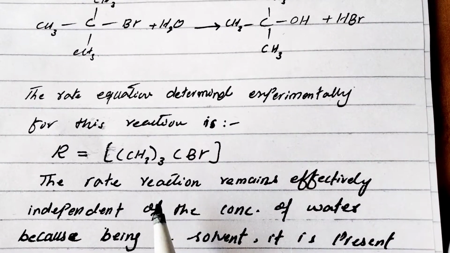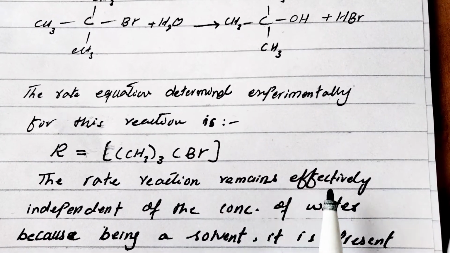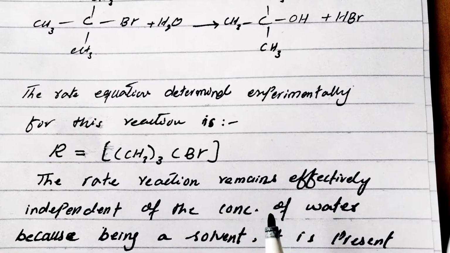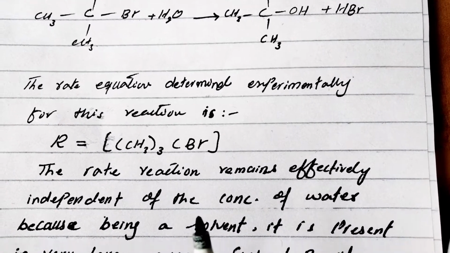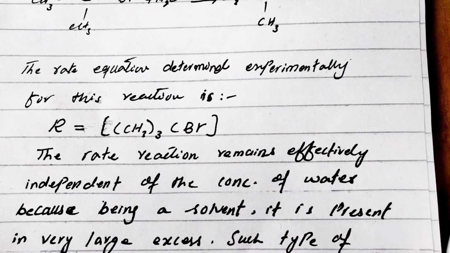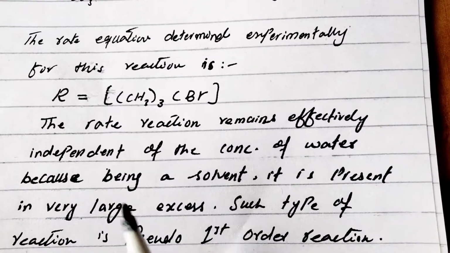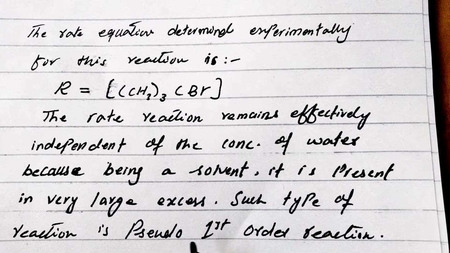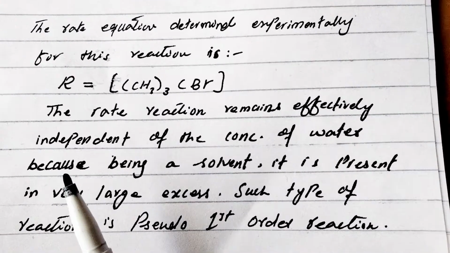The rate of reaction remains effectively independent of the concentration of water because water is used as a solvent, so it is present in very large amount. Such type of reaction is pseudo first order reaction.